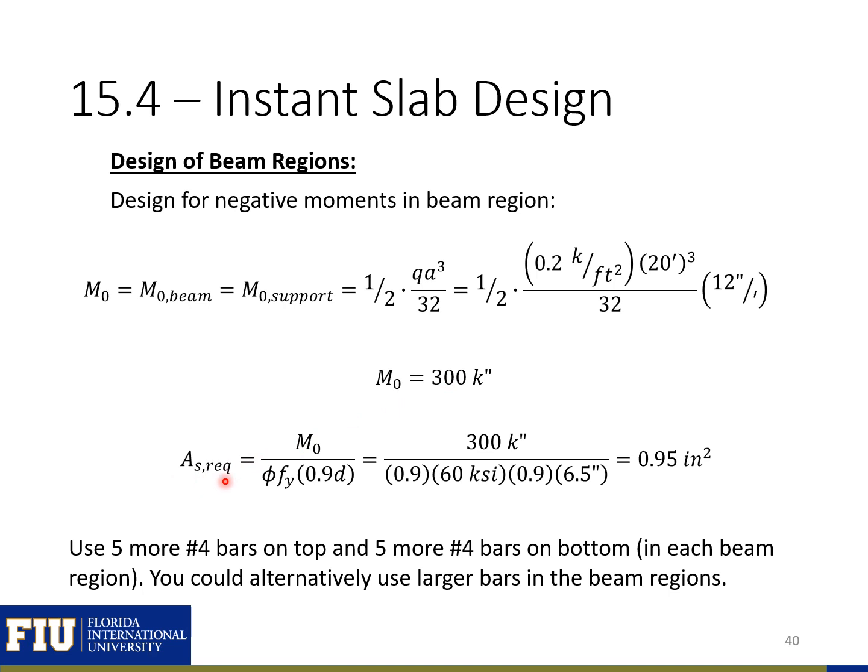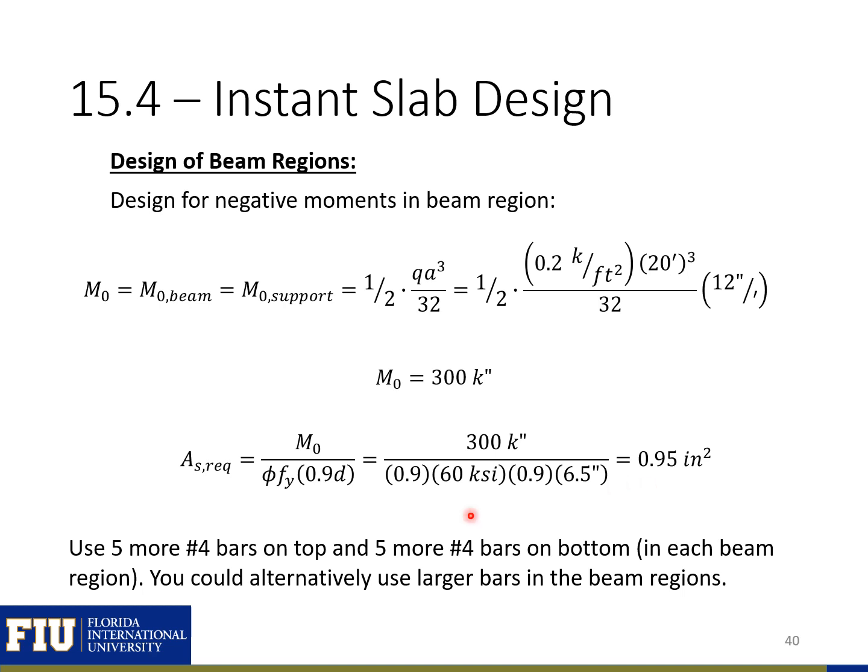We can find our AS required then by taking our M naught divided by phi, so we're assuming tension controlled, 0.9, times Fy, which is 60 KSI, times our approximate lever arm 0.9 times d. So 0.9 times 6.5. So we'll get an AS required here of 0.95 square inches.